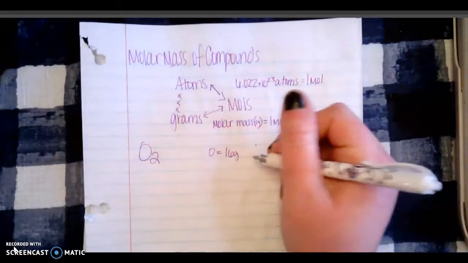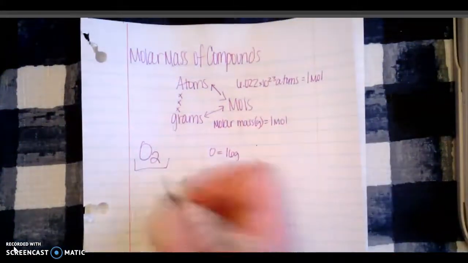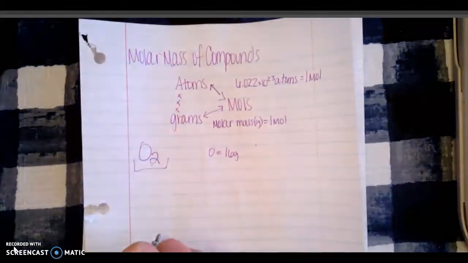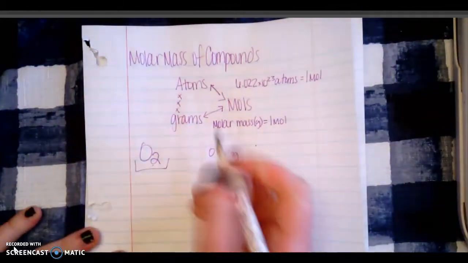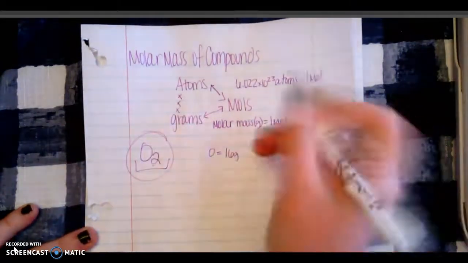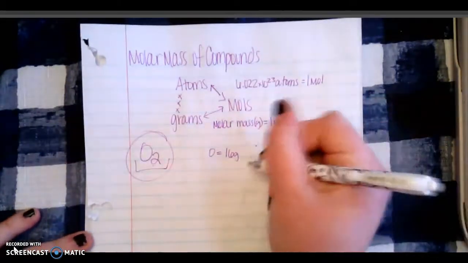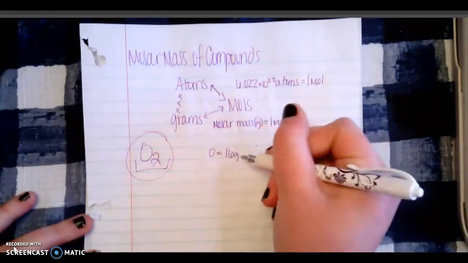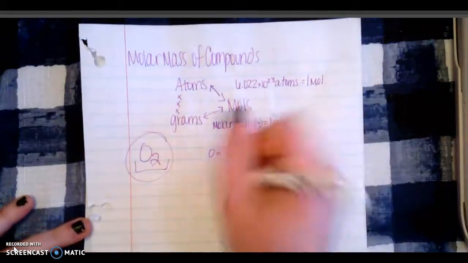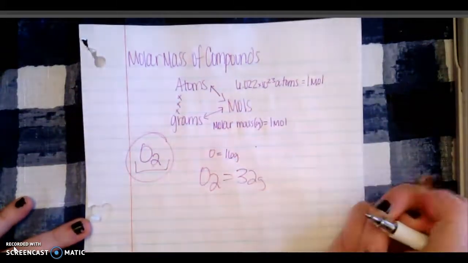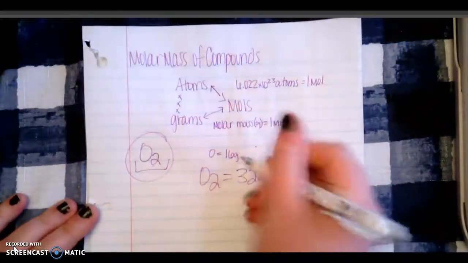But if you see here, I don't have just 1 oxygen, I have 2 oxygens. So I want to know what 1 mole of all of that weighs. The way you do that is you take the individual pieces and add them together. So I know that 1 oxygen weighs 16 grams, and 2 oxygens are going to weigh 32 grams, because there are 2 16-gram oxygens there.